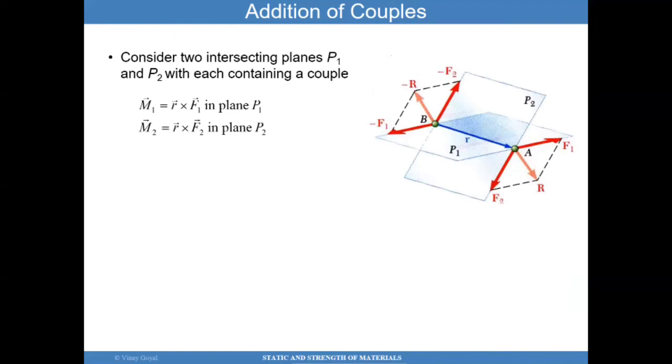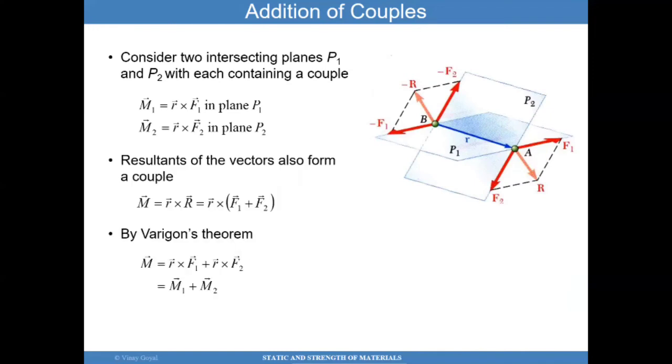You could add couples together. It's not a problem. Say I have a force F1 here, F1 there, force F2 here, F2 there. You can see here that F1 and F1, which are opposite in direction, can cause a couple, and the value is F1 times this distance. You also have F2, which is in the opposite direction of this F2, and that also causes a couple.